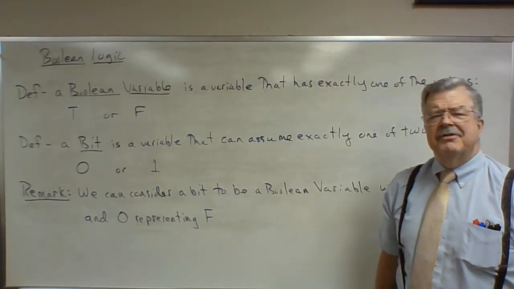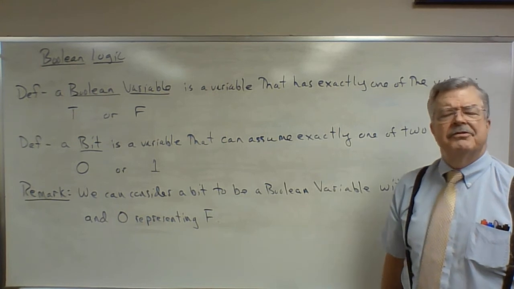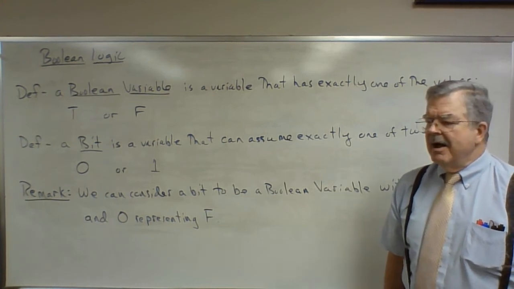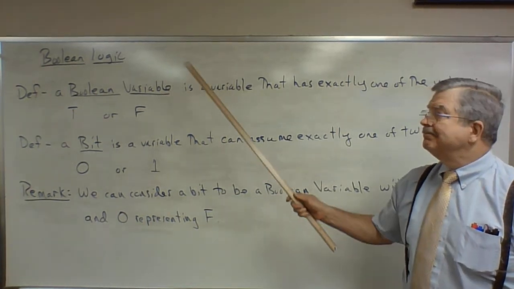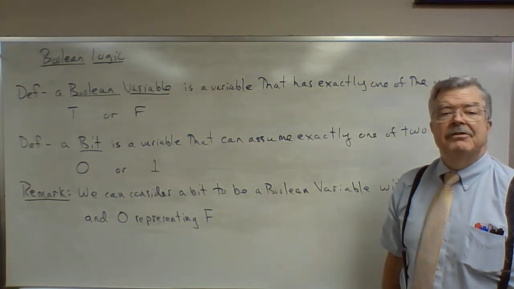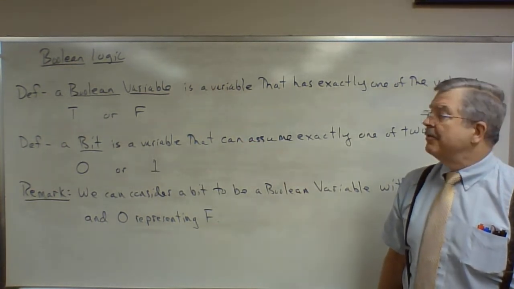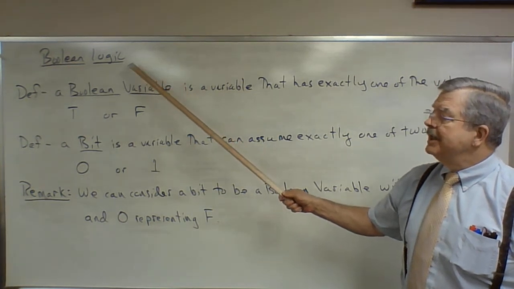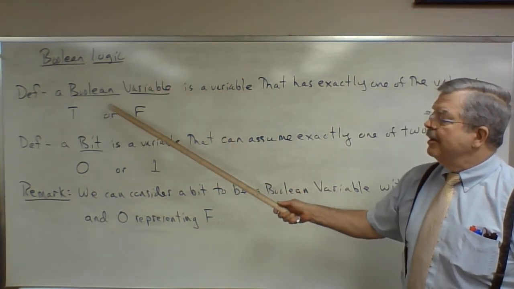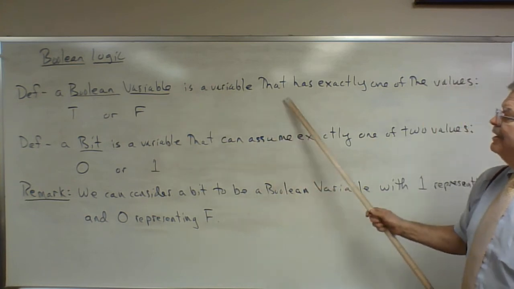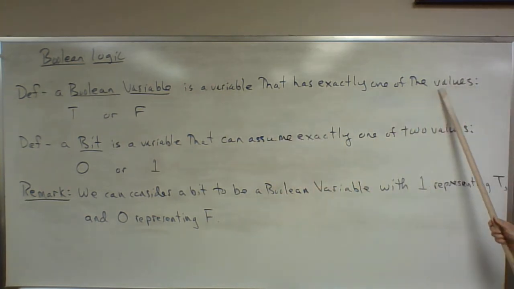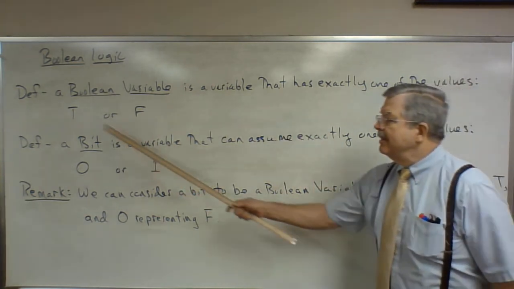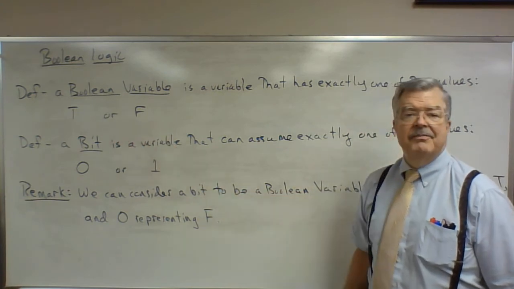Since most of us taking this course are in computer science, we should take applications to computer science wherever they arise. And this is one of Boolean logic. A Boolean variable is a variable that has exactly one of the values true or false.